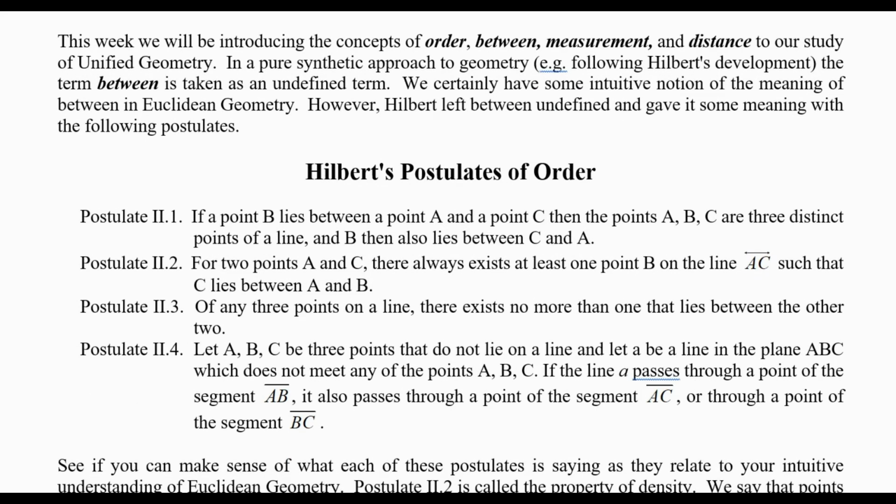These would be Hilbert's postulates of order. Postulate 2.1, or order postulate 1: If a point B lies between a point A and a point C, then points A, B, and C are 3 distinct points of a line, and B then also lies between C and A. So if B is between A and C, then B is also between C and A. So there's sort of a symmetry there in the order of things, right?